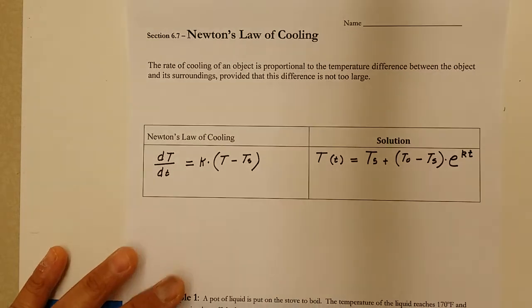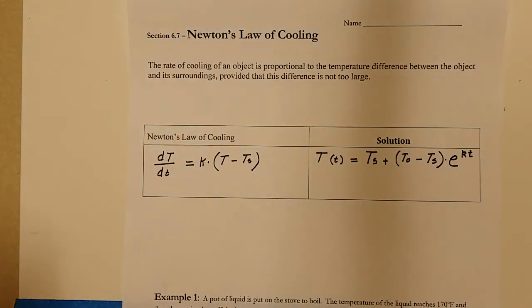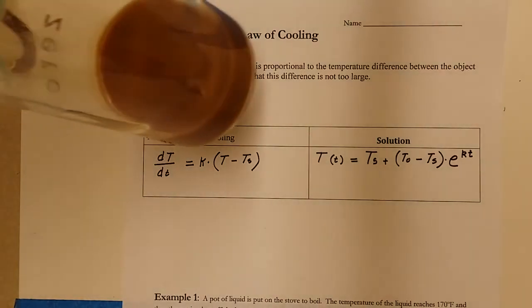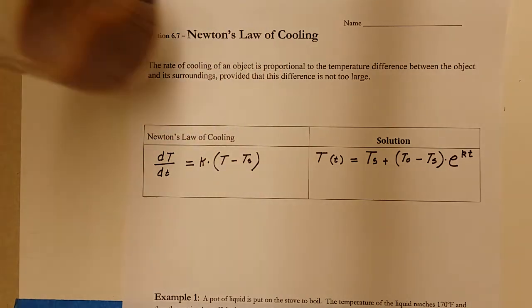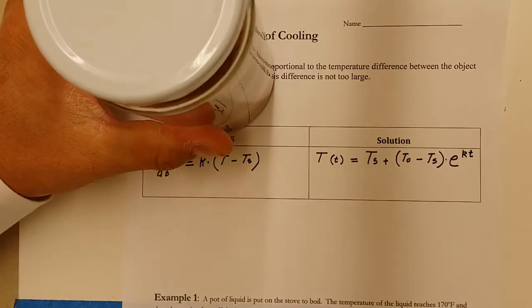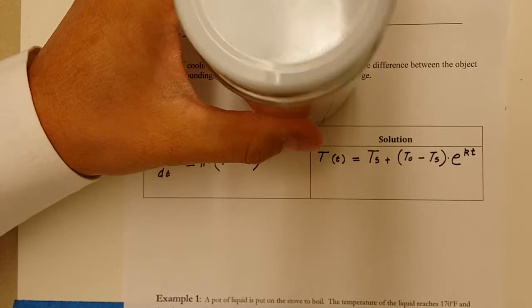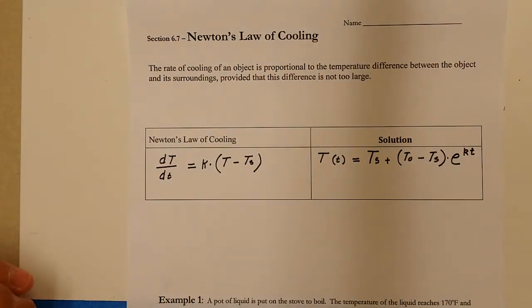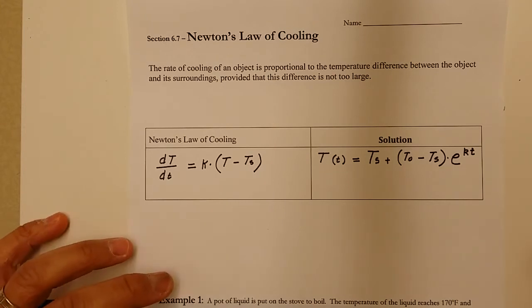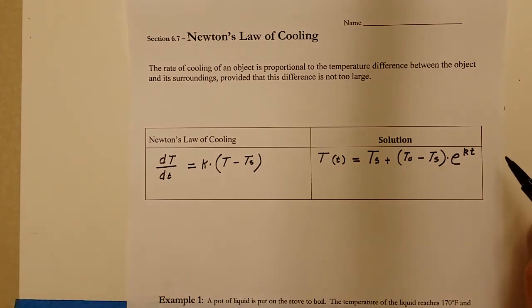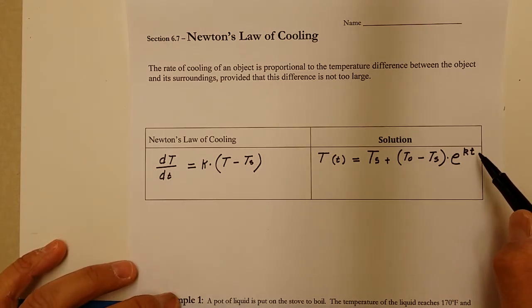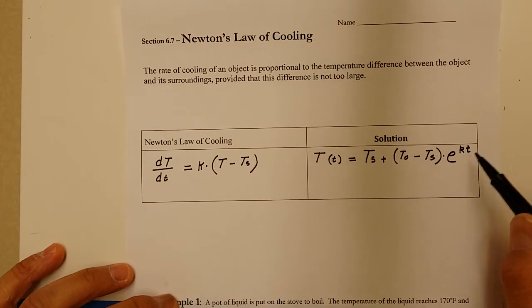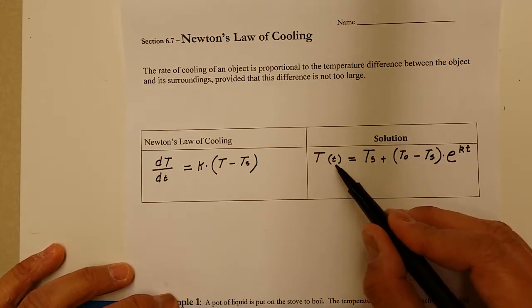All right. Say I had a cup of coffee and I just took it off the boiler, and I leave it in the room to let it cool. If I leave it there for, let's say, 10 minutes, what will the temperature be?